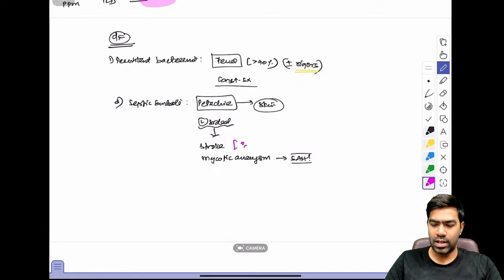So if the patient is coming with a stroke, one of the important contraindications to intervention or thrombolysis is the presence of underlying acute infective endocarditis. Very, very important point.